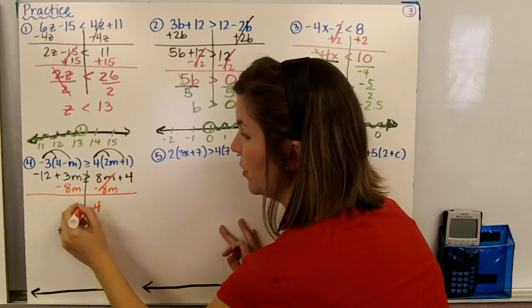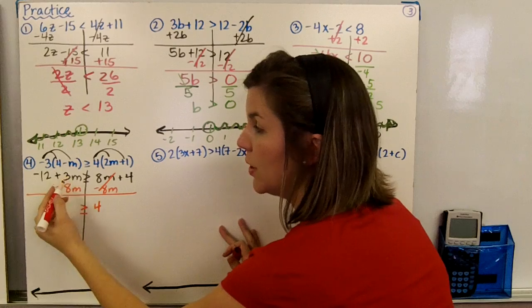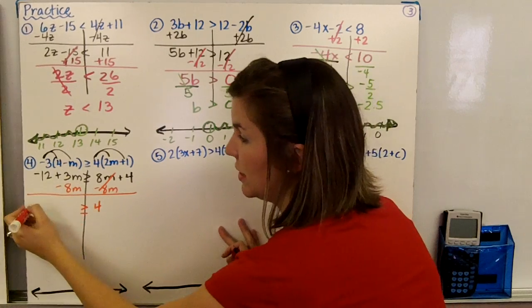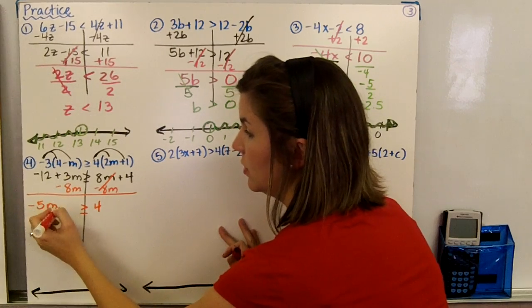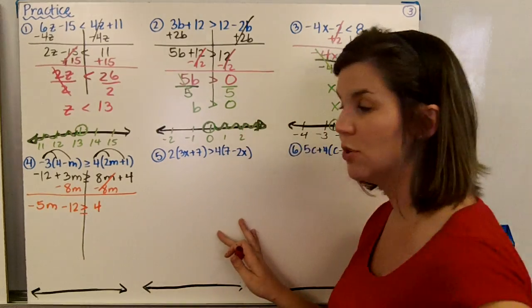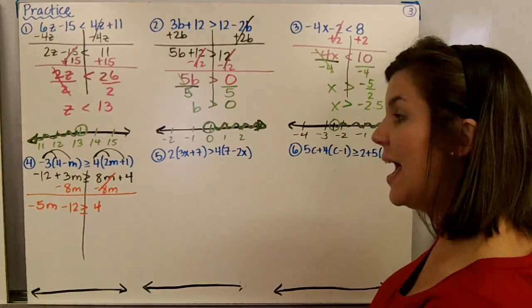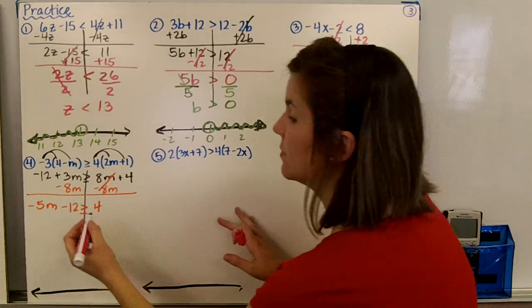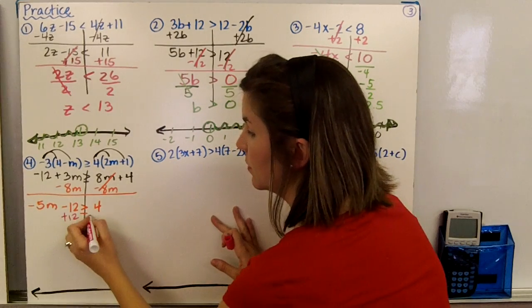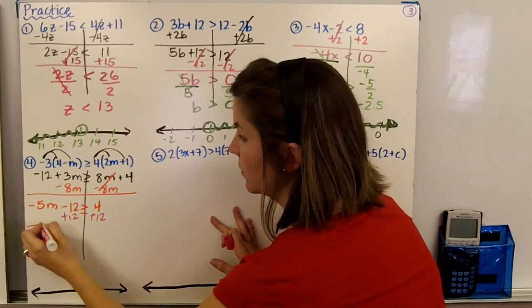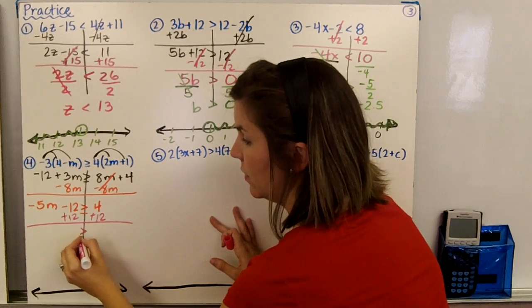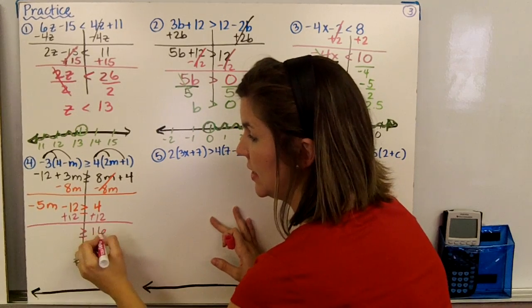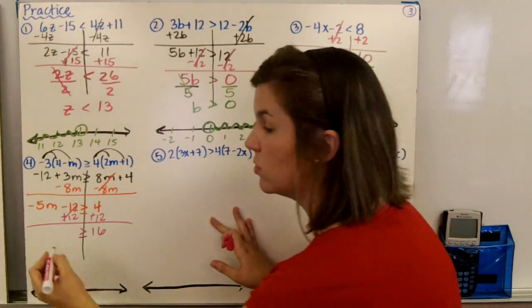Now I have 4 over here. 3m minus 8m is negative 5m. And I still have that minus 12. I'm going to add 12 to both sides. So I have 12 plus 4 is 16. These 12s cancel.